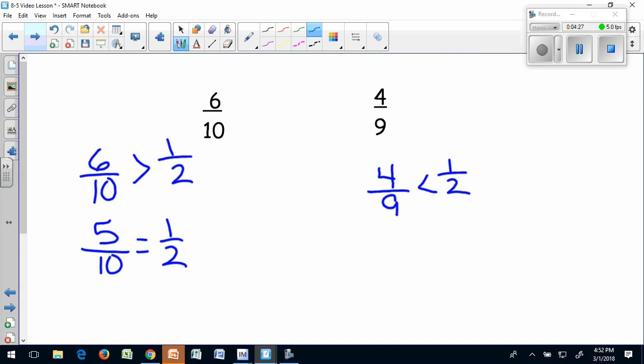I can't write that as a fraction because I can't have a fraction in a fraction, but I do know that 4 is less than 4.5. So 4/9 is less than 1/2. If 6/10 is greater than 1/2 and 4/9 is less than 1/2, I know that 6/10 is greater than 4/9. And I would explain that by using 1/2 as my benchmark.